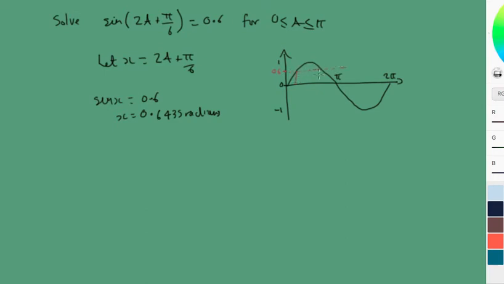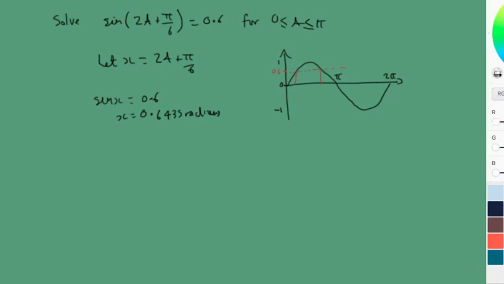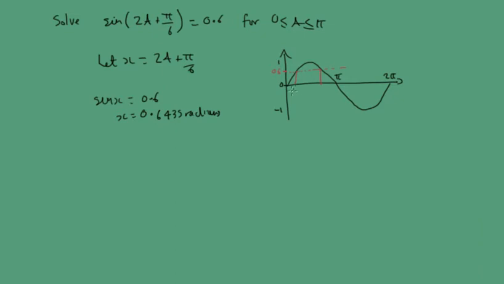So again, we're going to have two values of x. So this would be 0.6435, and for the second value, x is going to be pi minus 0.6435, which is going to be 2.498.